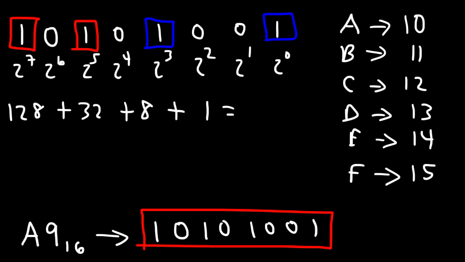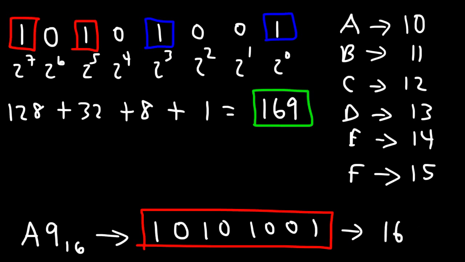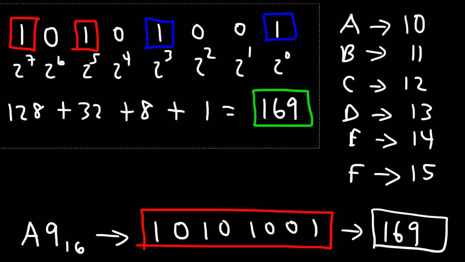So we need to add 128 plus 32 plus 8 plus 1. So this gives us a value of 169. So that's how you can convert a binary number into a decimal number. Now let's convert the hexadecimal number into a decimal number, just to make sure that it's equal to 169.